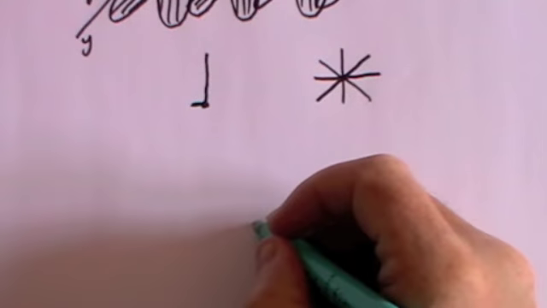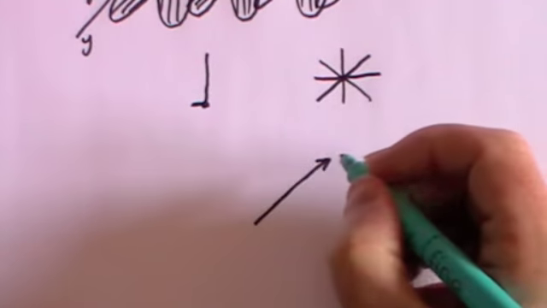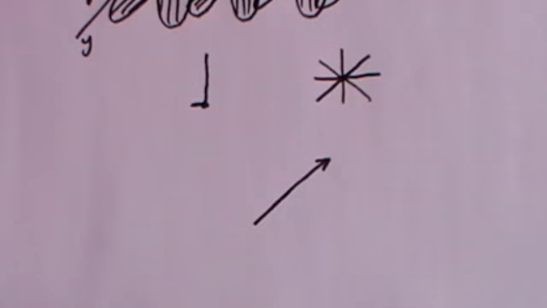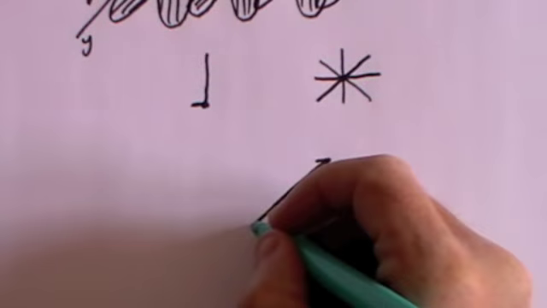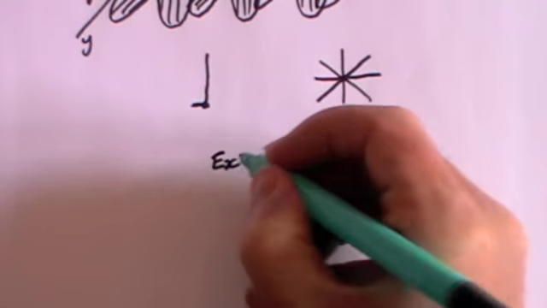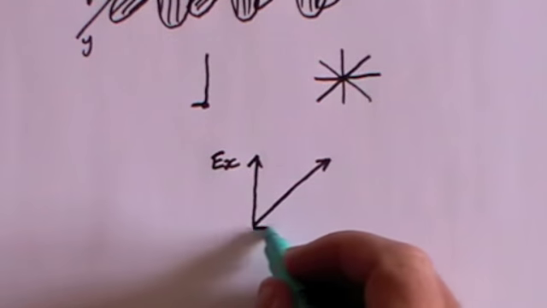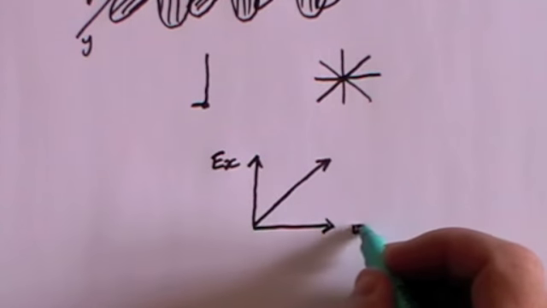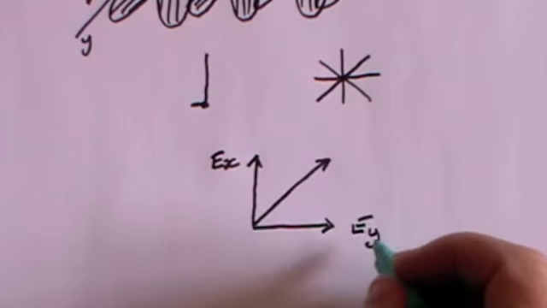Now, whichever way the E field oscillates in the xy plane, let us just for the moment assume that it is oscillating at some angle in the xy plane. We can always resolve that into its constituent parts. We can have an Ex component and we can have an Ey component.